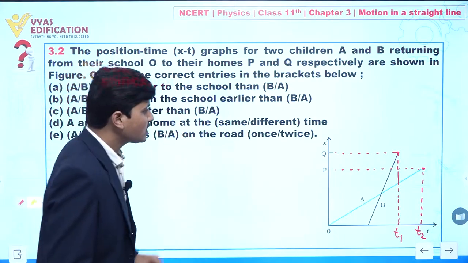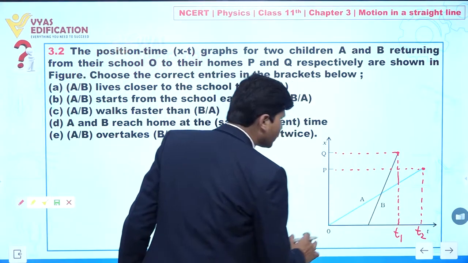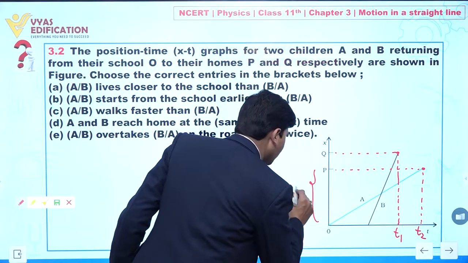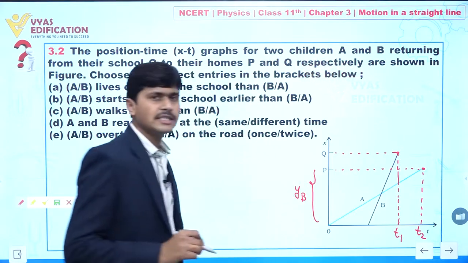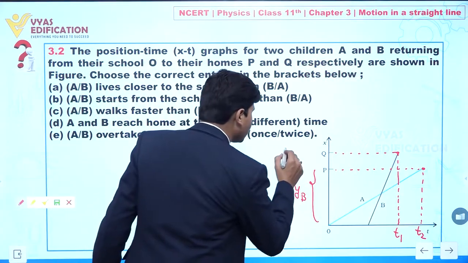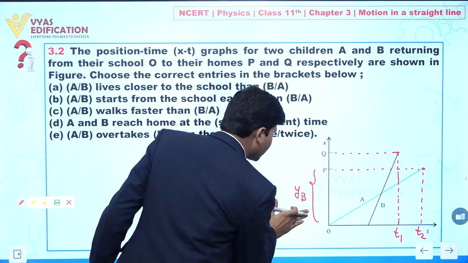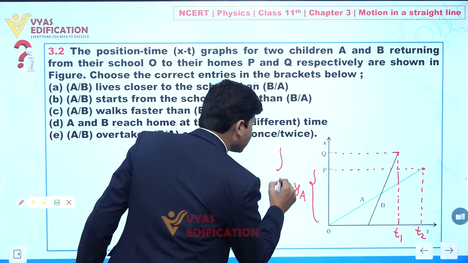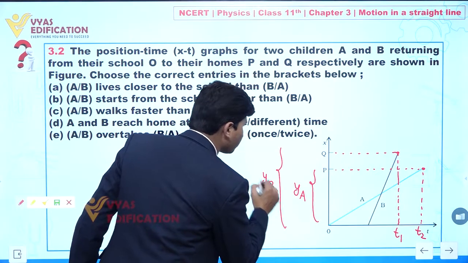If we concentrate on the graph, let's suppose this distance is YB, and this distance is YA.